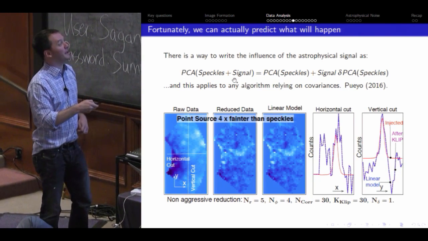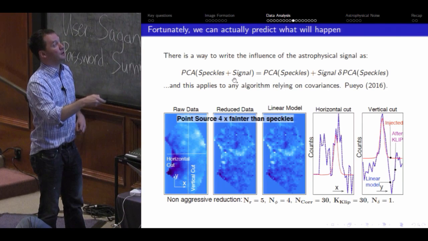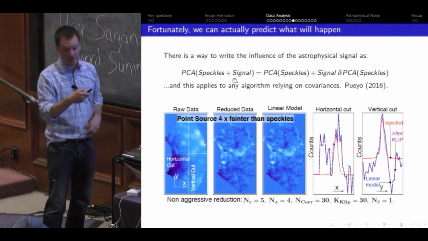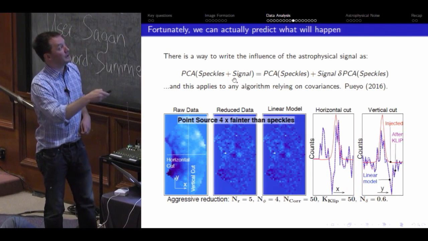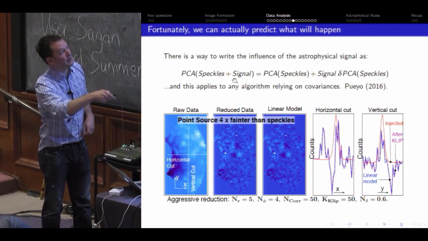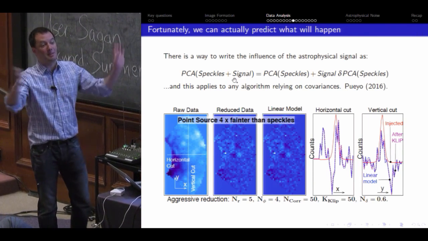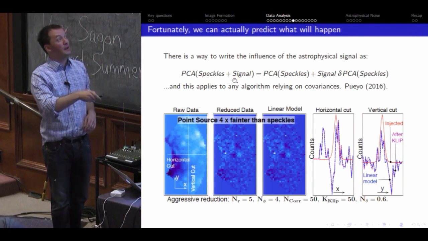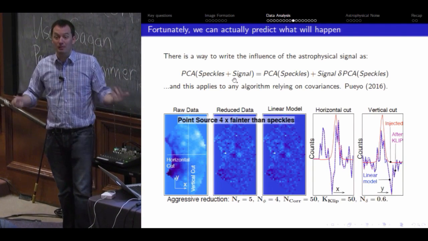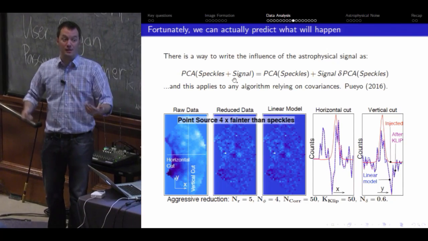If I put a really faint planet in my data, and the knob is not turned too aggressively, I don't even find the planet in this data. If I turn it to really kill the noise and find the planet, here's my planet. And again, the image of the planet is completely messed up. But the point is, with the linear model, you can retrieve it perfectly. So then you can invert that model and try to do some astrophysical inference.